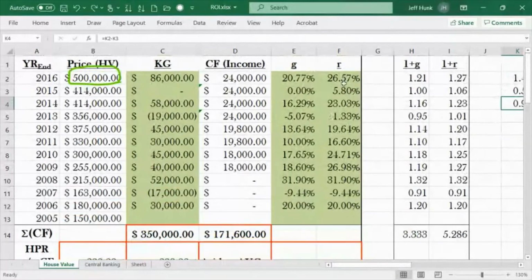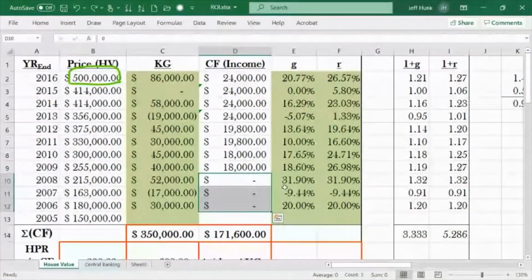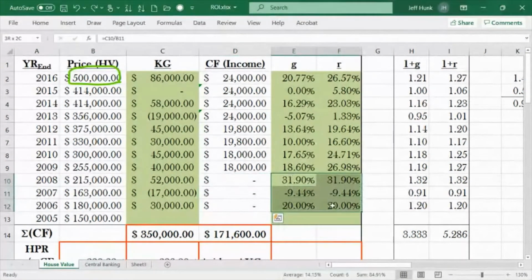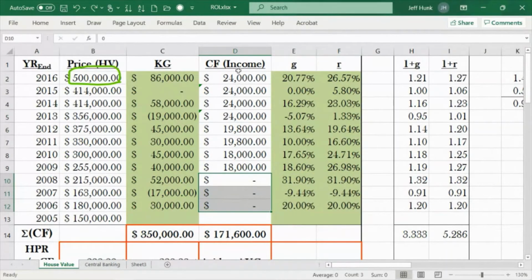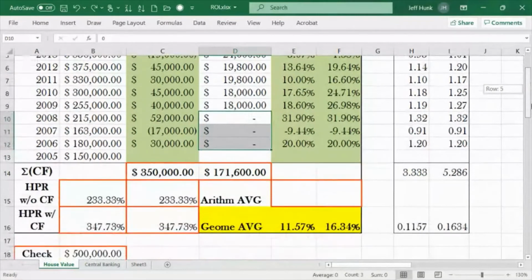So here, annually, these are the growth rates and returns. Of course, for the first 3 years they are the same. Have you noticed? For the first 3 years, growth rate and returns are exactly the same, because for the first 3 years you didn't have any rental income, right?